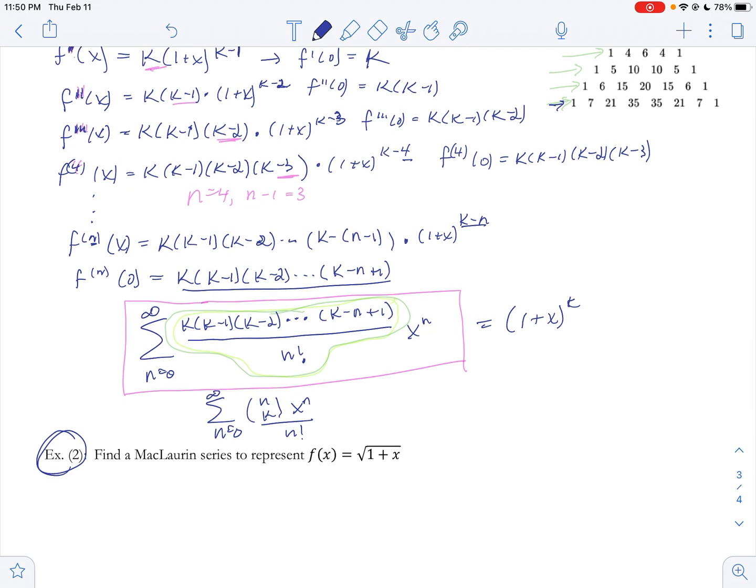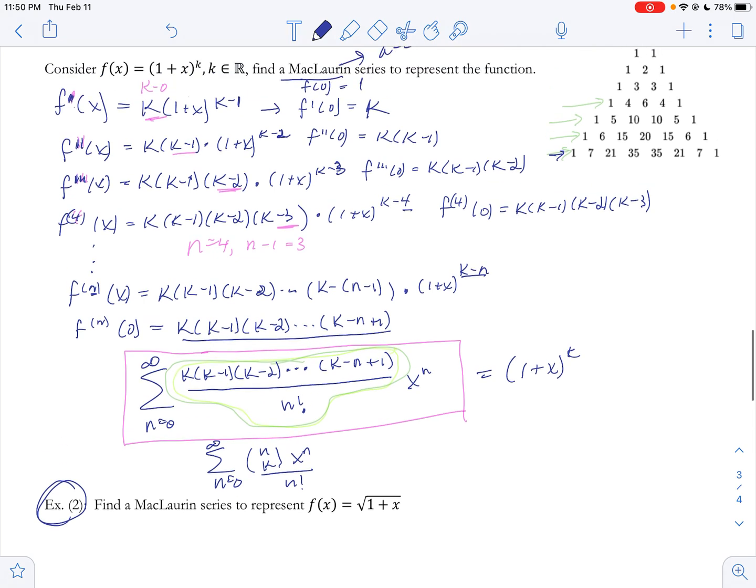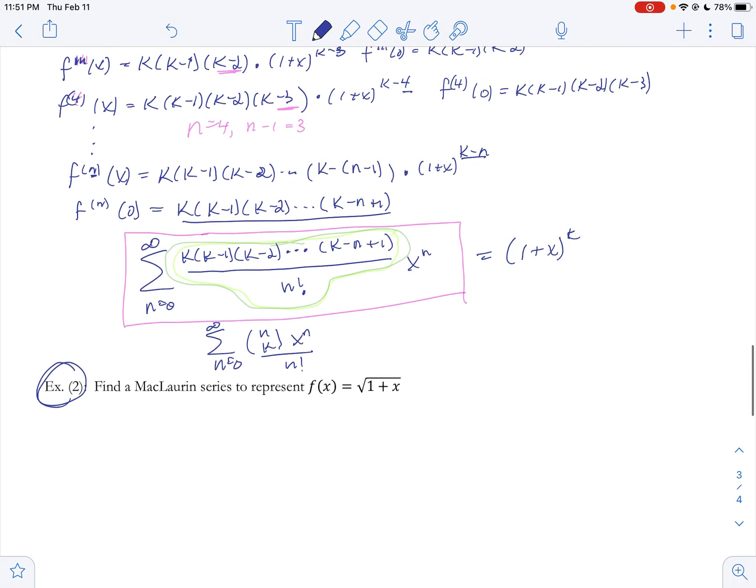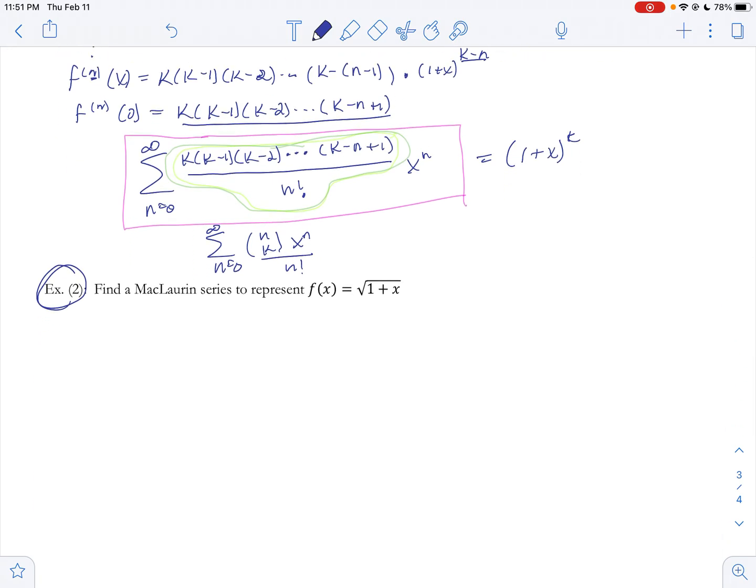You need to know what this formula is and have it down fairly well. You do not need to be able to generate it yourself, but you do need to be able to use it for problems like example 2. So let's do example 2.